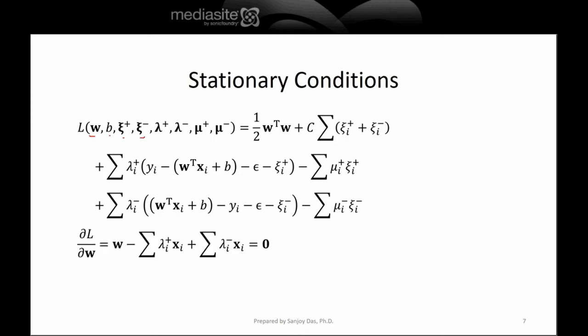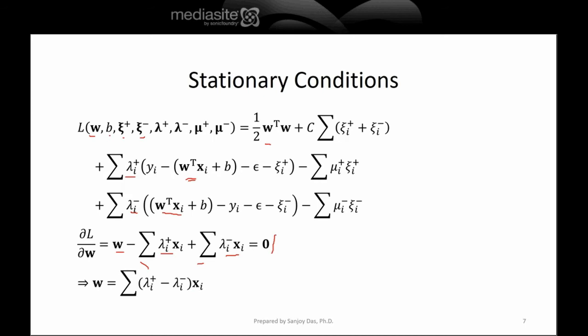So differentiating with respect to W, the first term yields simply W, and this term here, lambda i plus times W transpose Xi, gives lambda i plus Xi in the summation, and this term here, lambda i minus times W transpose Xi, again gives us lambda i minus Xi, inside a summation over all points, and that is equal to 0.